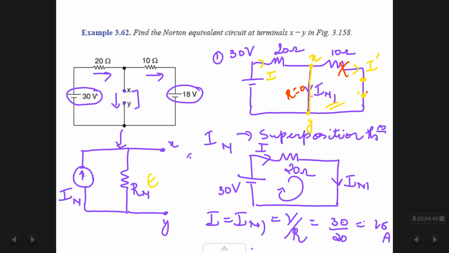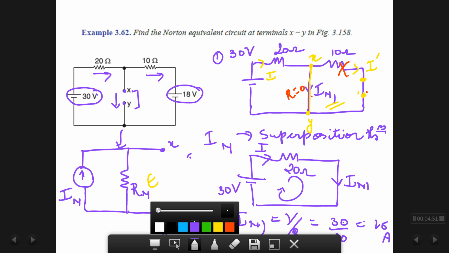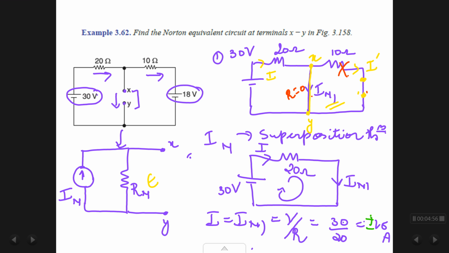Now, this magnitude has to be given a sign, plus or minus. There has to be a sign assigned to it. How to assign the sign? I have to compare this direction in the short over here, which is flowing from top to down across x and y, with the original direction that I have assumed.